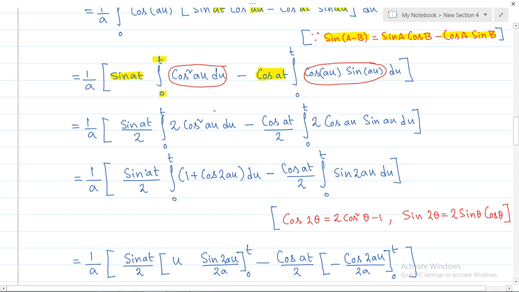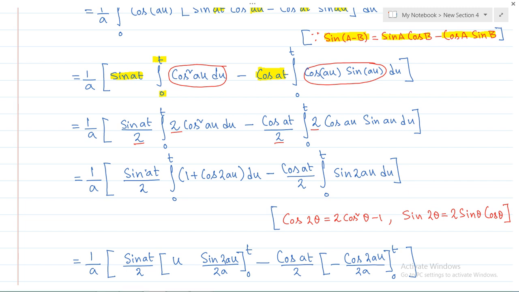For that we divide the term outside by 2 and multiply by 2 inside to adjust it. So 2 cos squared au, and similarly cos at divided by 2 multiplied with the 2, so it gets adjusted. We are not doing anything new, just multiplying and adjusting by putting 1 by 2 outside.